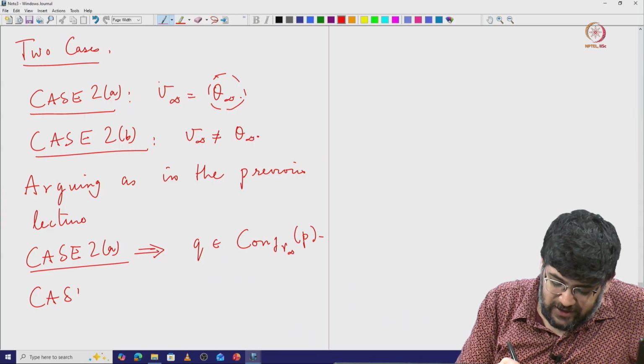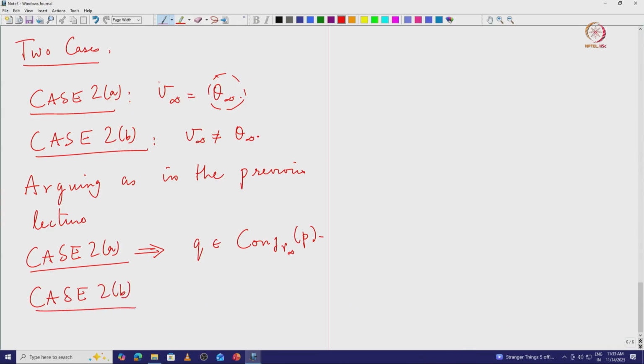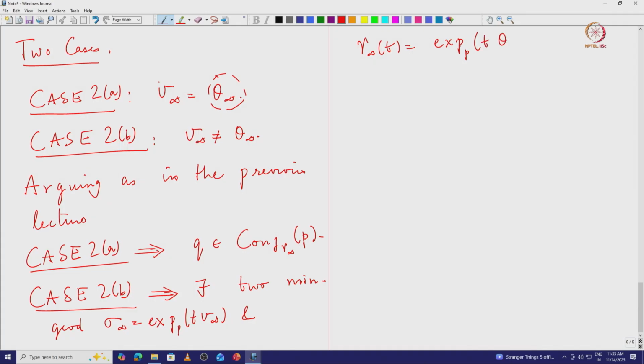And similarly, case 2b implies that there exist two minimal geodesics, sigma_infinity given by the exponential of t times V_infinity and gamma_infinity given by the exponential of t theta_infinity, connecting p and q_infinity.